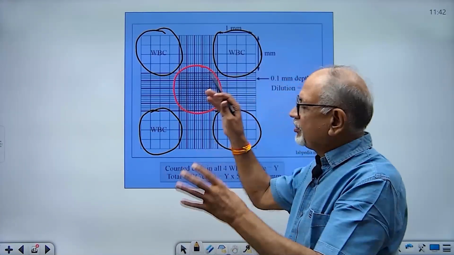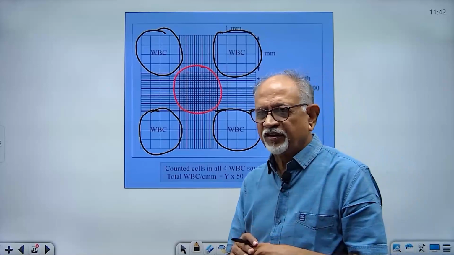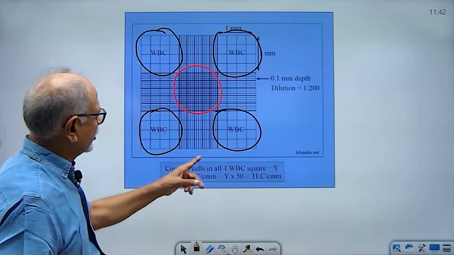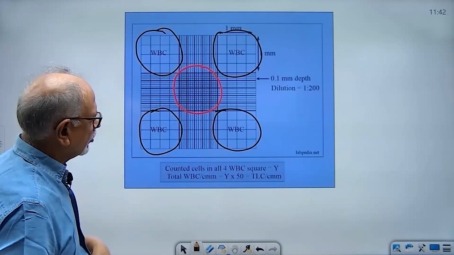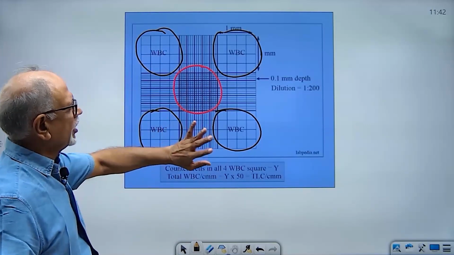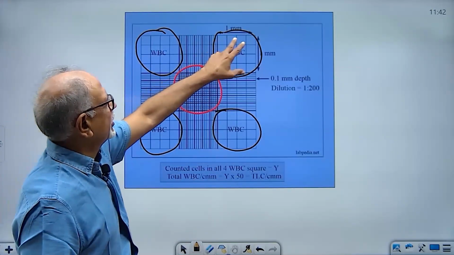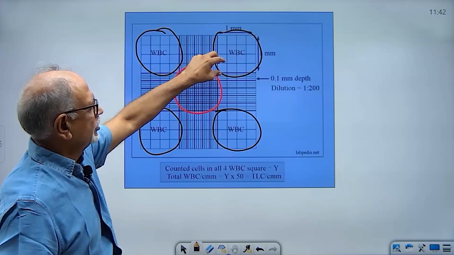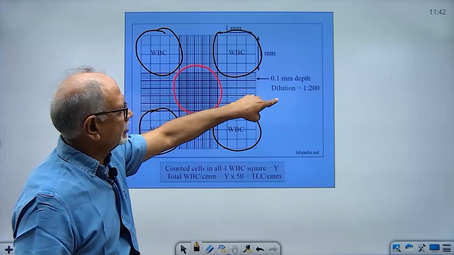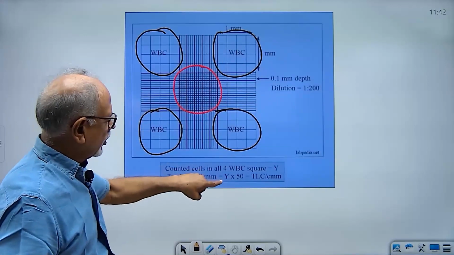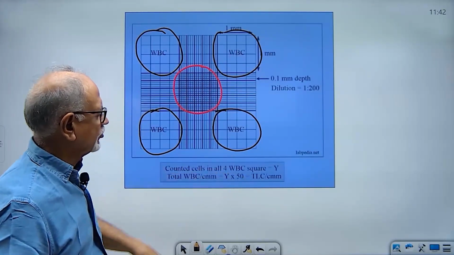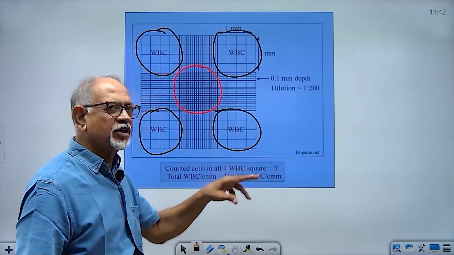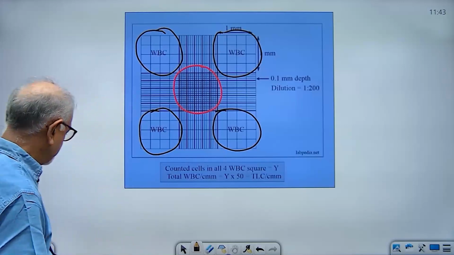In all these, the white blood cells are counted, and then Y is the number of total WBCs counted, into 5, which accounts for the area of these chambers and the depth of it, then the dilution factor. So, Y into 50 gives the total leukocyte count per cubic millimeter of blood.